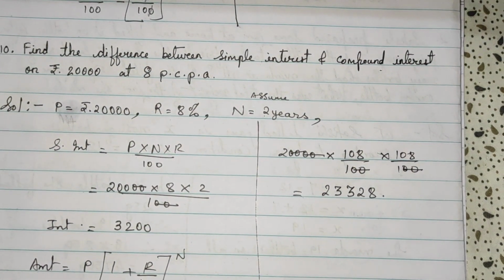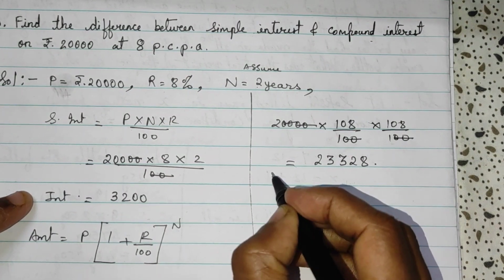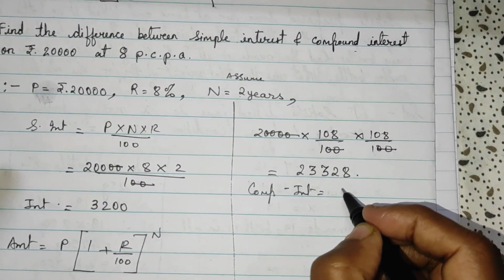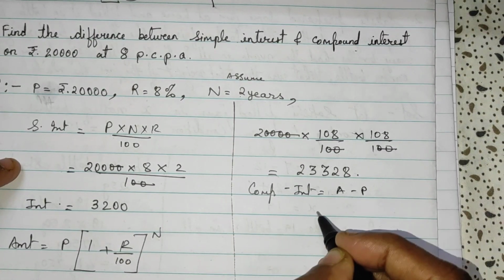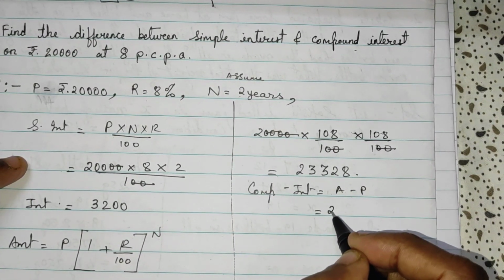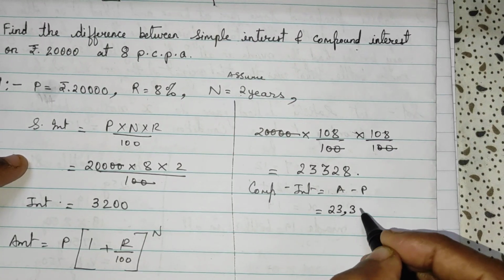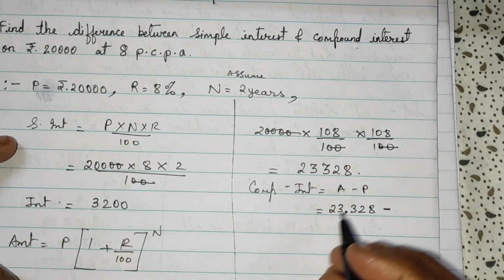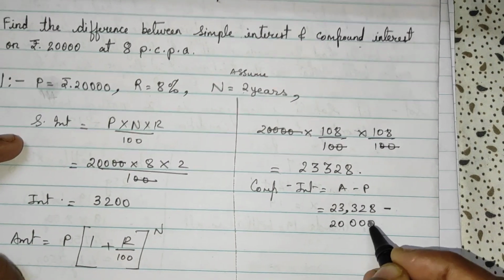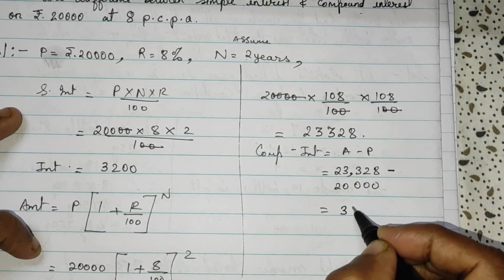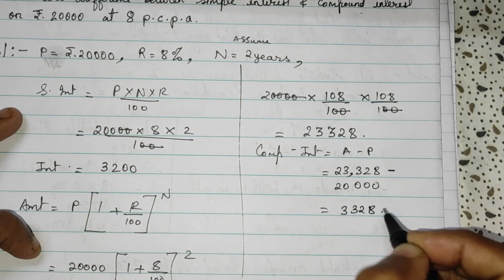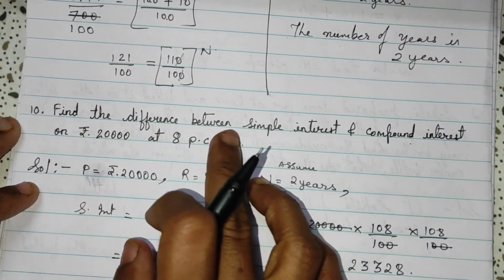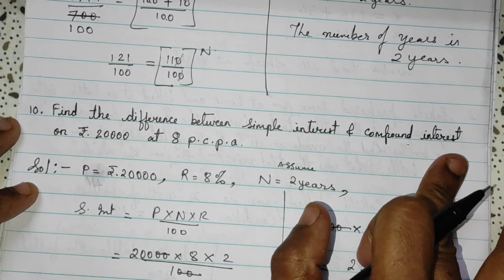So that means now compound interest will be amount minus principal. So the amount is 23,328 minus the principal 20,000. So that will be equal to 3,328. And what they have asked is, find the difference between simple interest and compound interest.